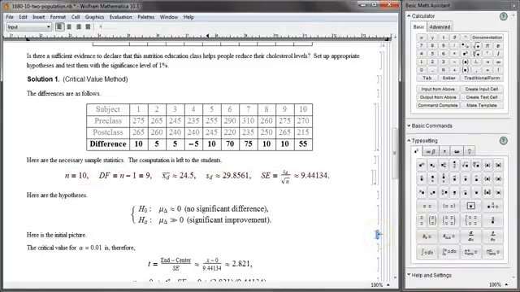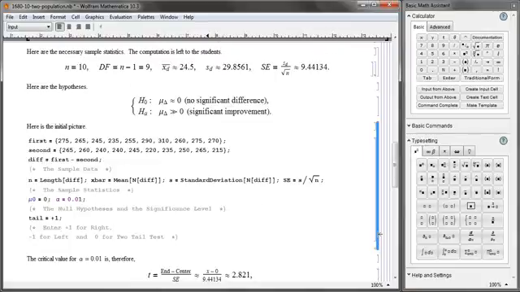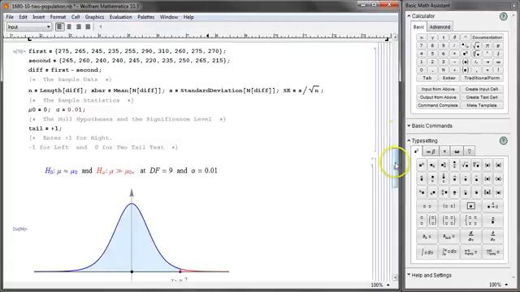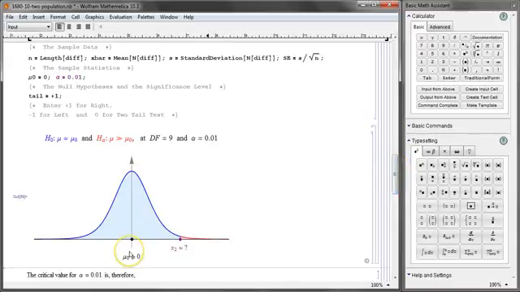Okay, now here's the initial picture. Draw a t-curve, and then what goes right in the middle? Is it 24.5? Well, 24.5 was for the confidence interval. For hypothesis testing, we have to do it with respect to the null value, 0. Kind of like this. 0.